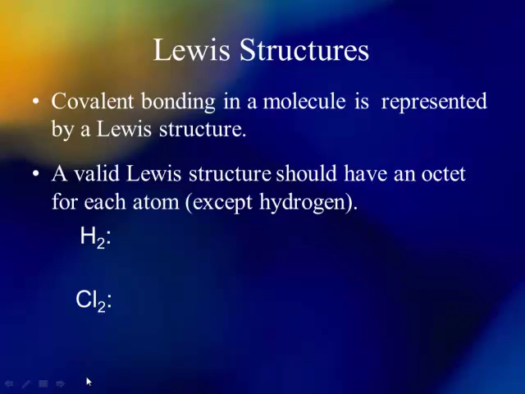We again use Lewis structures when representing covalent bonding. A valid Lewis structure should show an octet of electrons around each atom, except for hydrogen, which stops at 2 valence electrons.